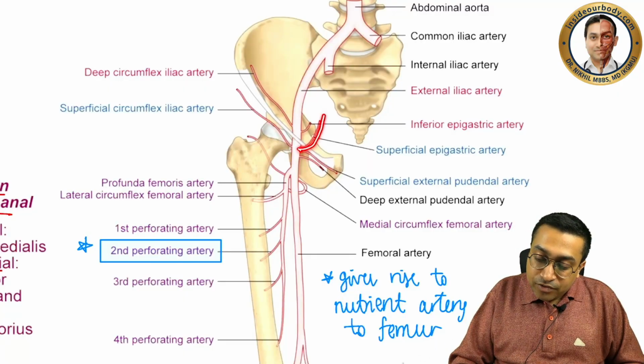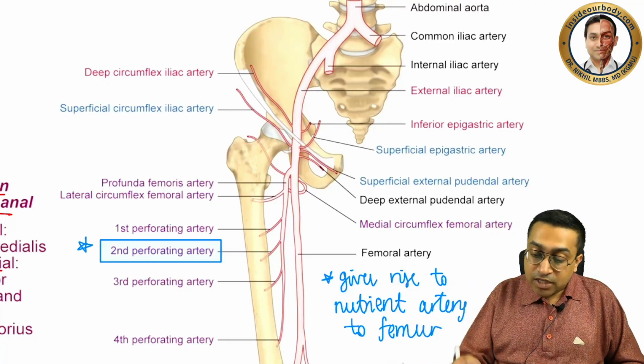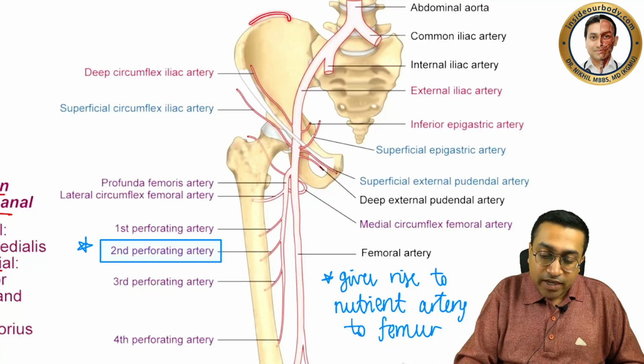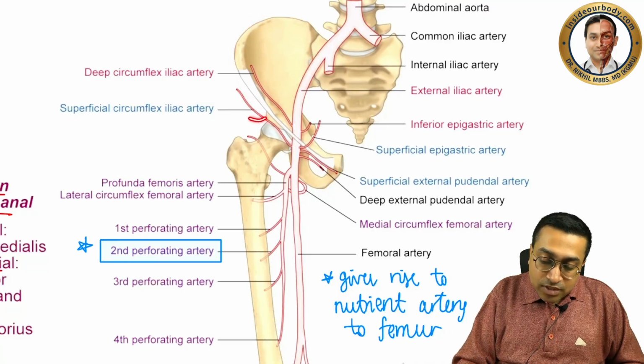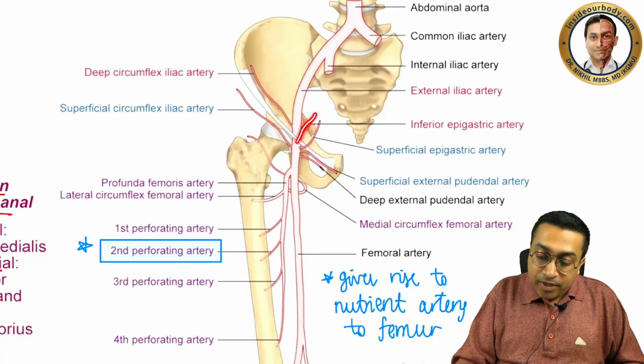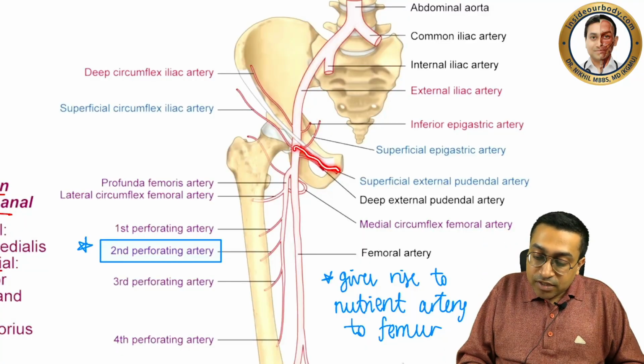Superficial epigastric artery which is running towards epigastrium, superficial branch. Then you have a superficial circumflex iliac, because the iliac bone is here. So circumflex is always winding around. So you have the superficial circumflex iliac going in the lateral direction, epigastric one going in the up direction, and you have a superficial external pudendal.